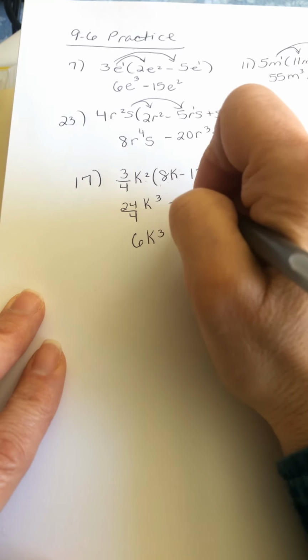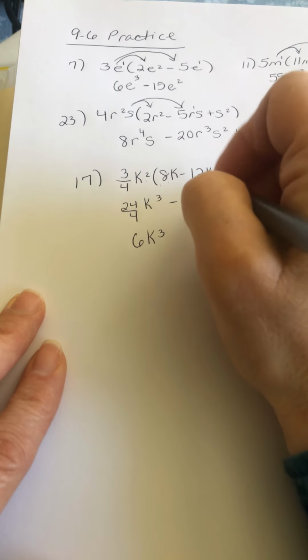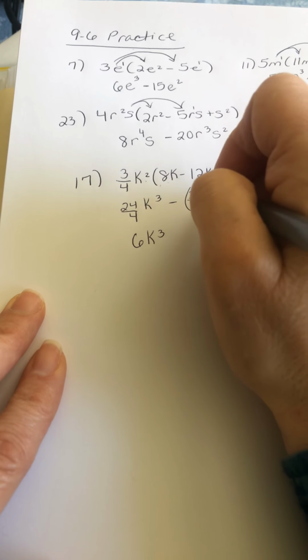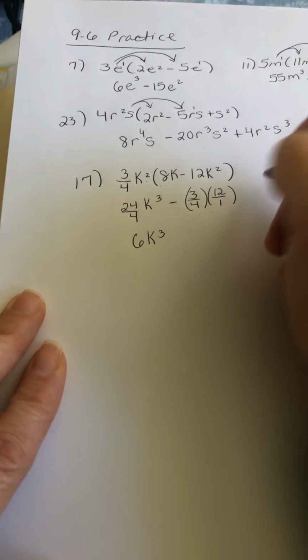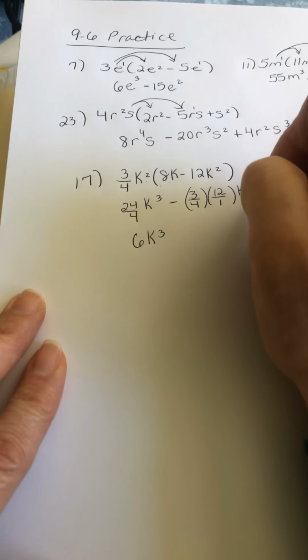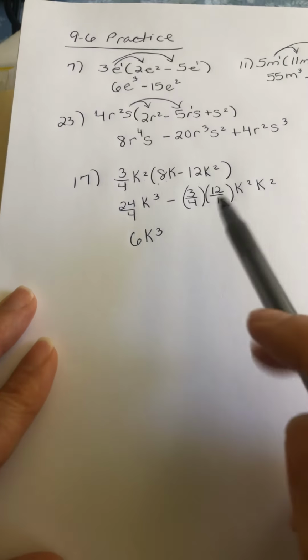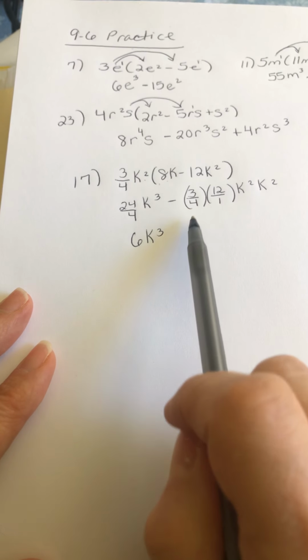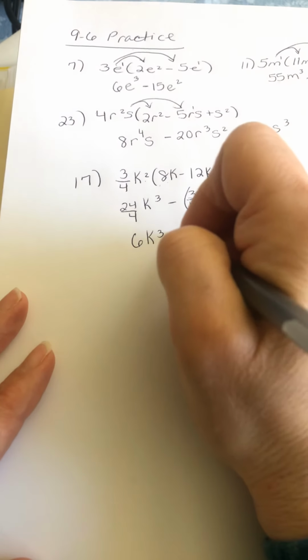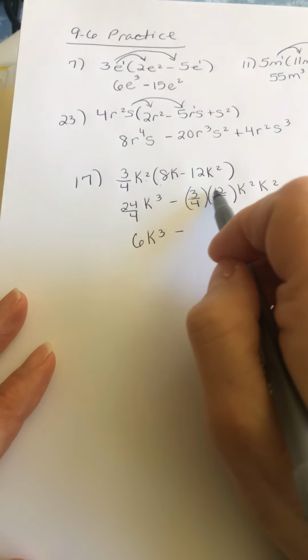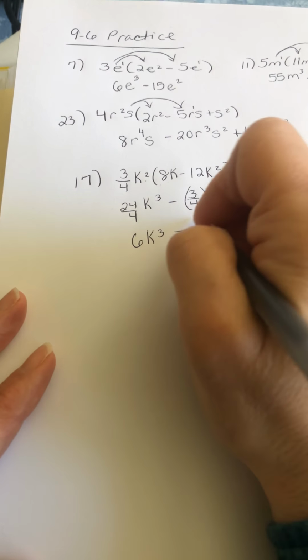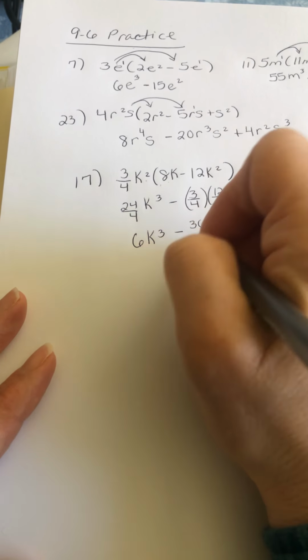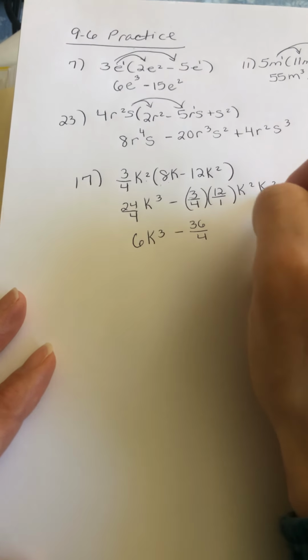I have 3/4 over here times the 12, which is like 12 over 1, and k squared times k squared. So notice how I separated a little bit just so that my numbers are next to each other. Sometimes it's a little bit easier to do the fraction that way. We can multiply straight across. 3 times 12, 36 over 4.